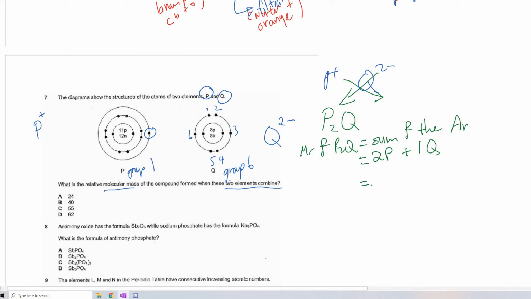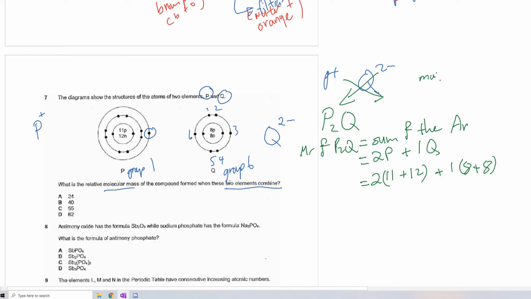Okay, what is the relative atomic mass of the atom P, which is basically the number of protons plus the number of neutrons. Okay, for Q we have 8 as the number of protons and 8 as the number of neutrons.